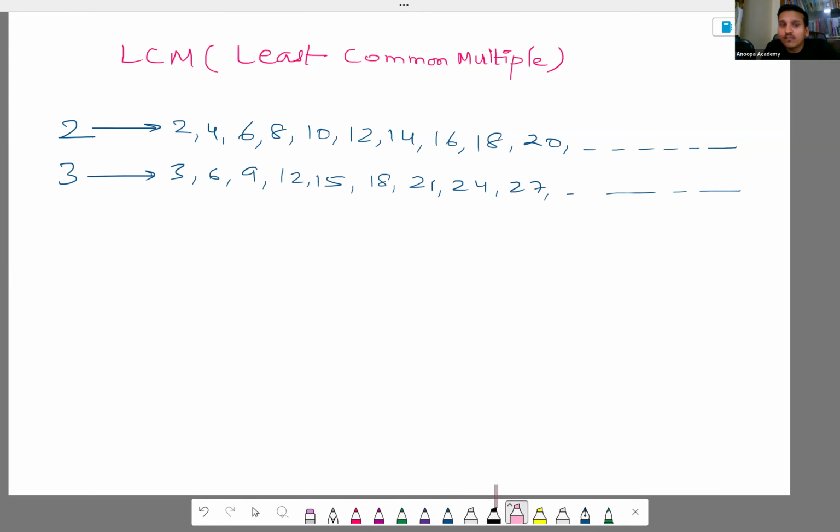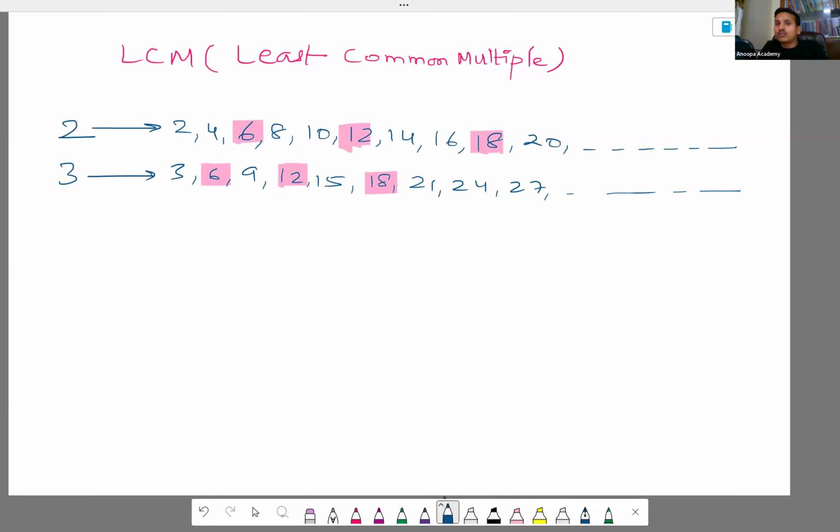Now, what are the common multiples if you observe? See, 6 is common. 12 is common. Next, 18 is common. And if you keep writing, there'll be so many common. Like, for example, 24 will also be common.